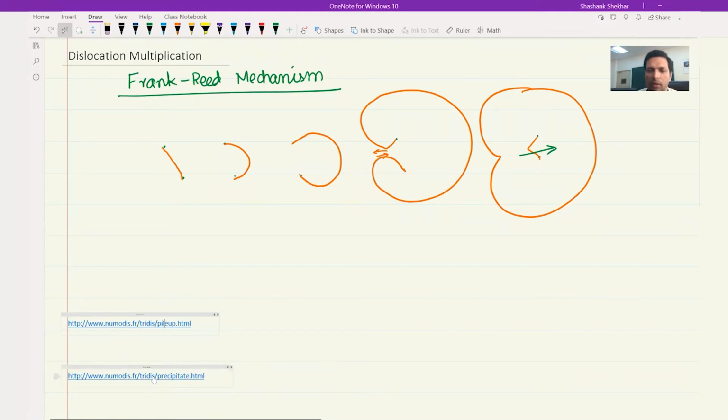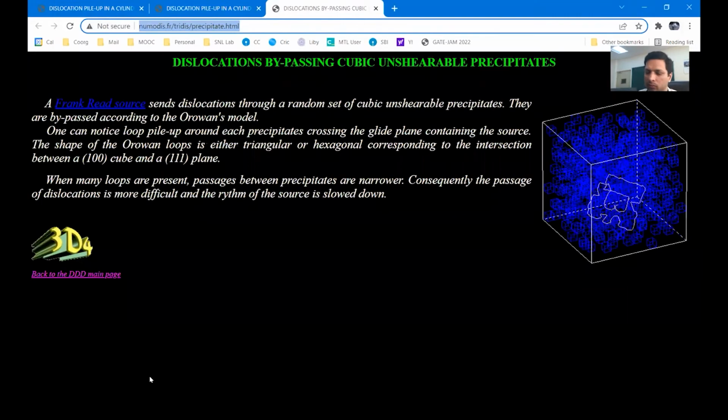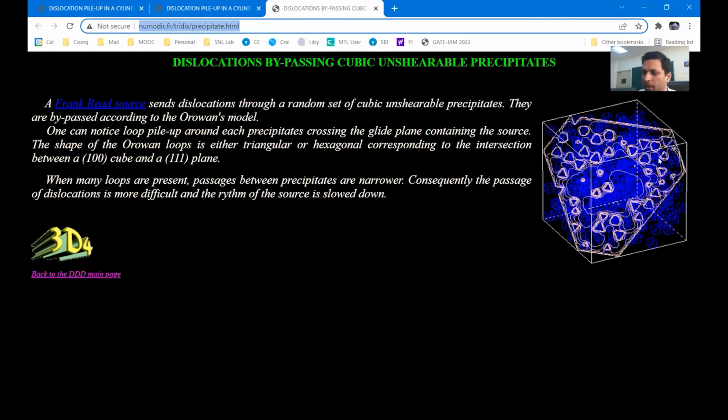Now, in a grain you may have even some more types of obstacles, and when you have a source like this, it would lead to an even higher increase in dislocation density. Here these are like precipitates, and somewhere here you have a source.